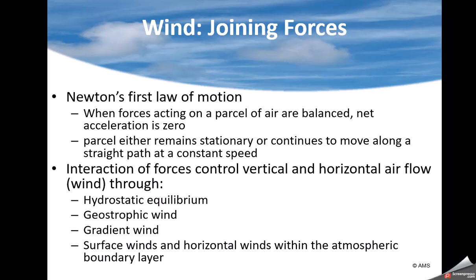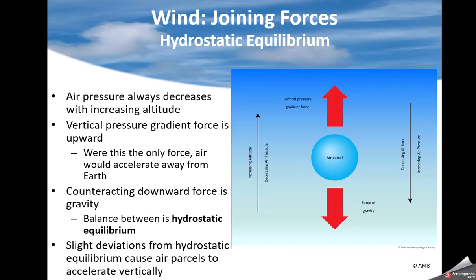Now we're going to talk a little bit more about some specific wind effects. So we're going to start about, well, I told you that gravity pulls the air down, but we also talked about pressure gradient and that the atmosphere is always trying to eliminate pressure gradient. We know that the pressure is significantly less the higher up you go in the atmosphere. Matter of fact, think about it.